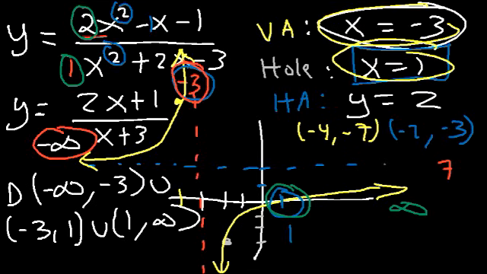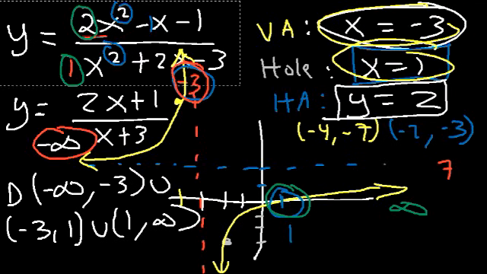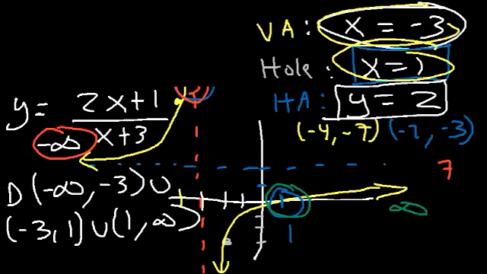Now what about the range? For the range, we need to remove the horizontal asymptote, which is y is equal to 2, and we need to remove the y coordinate of the hole. So we got to figure out what the y coordinate of the hole is.